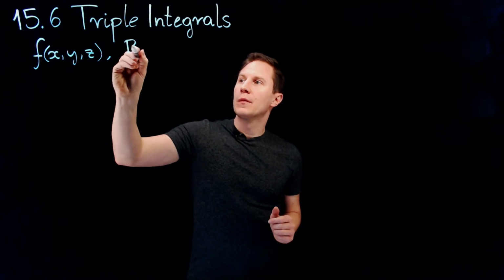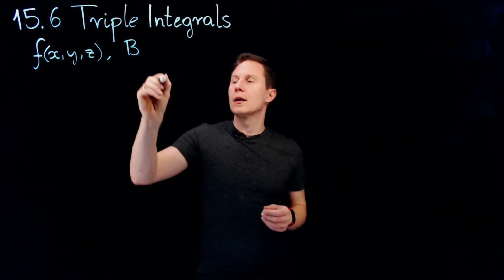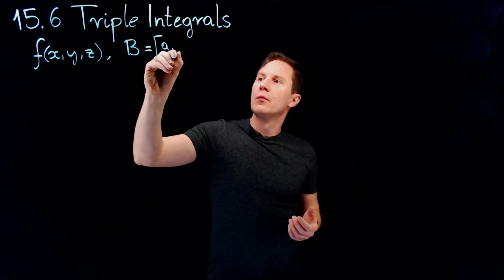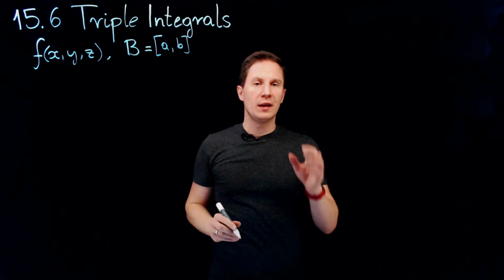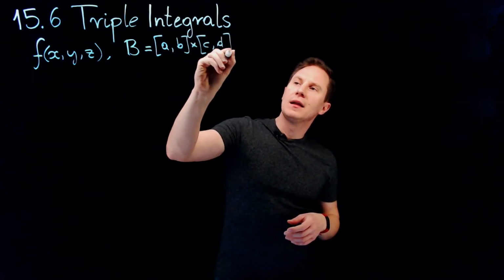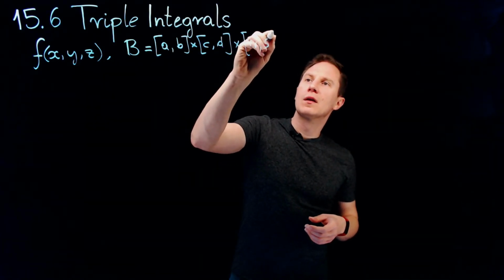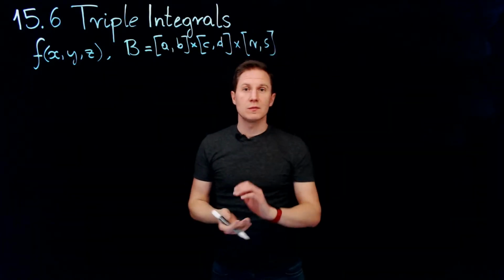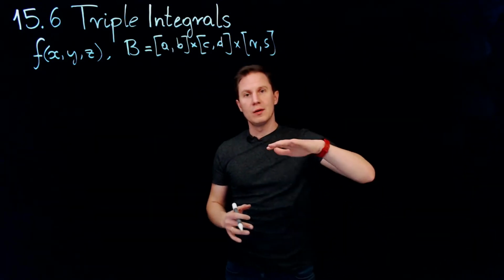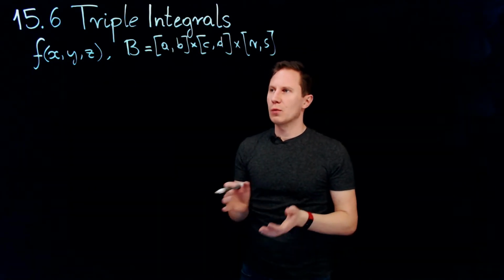So this would be a solid, maybe a solid rectangular box, for example, with x changing between a and b, y changing between c and d, and let's say z changing between r and s. So these are constants, but they could be functions as well, giving you some surfaces in between.